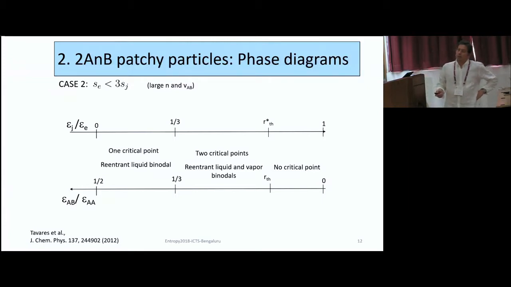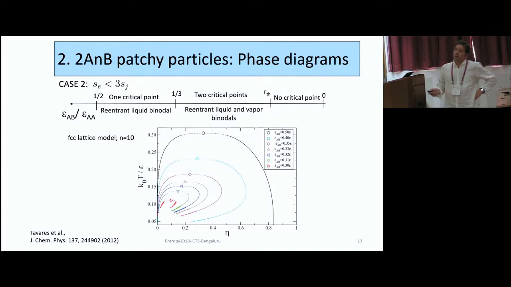And now what happens is that there is a region here for intermediate energy costs of the junctions. You have 2 critical points and reentrant liquid and vapor binodal. So these are the simulations for the FCC patch lattice model with 10 B patches.